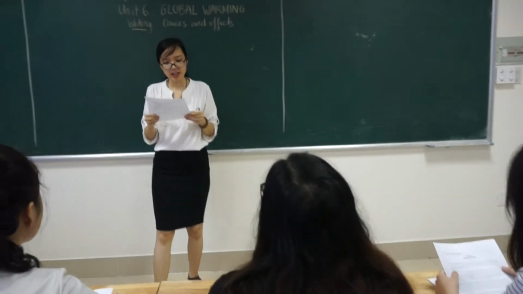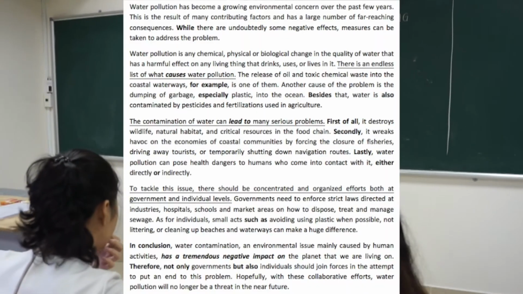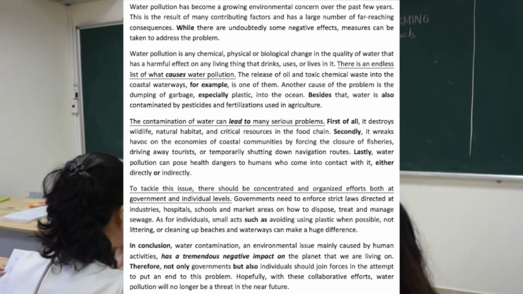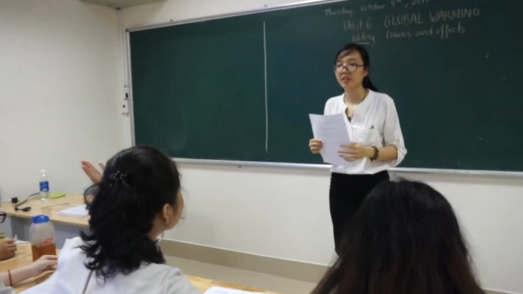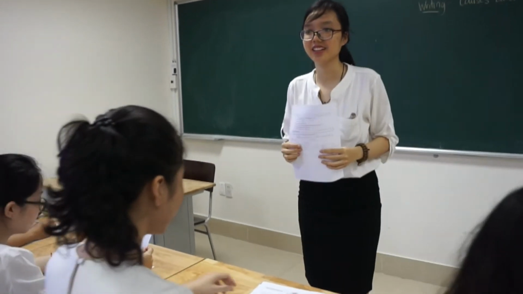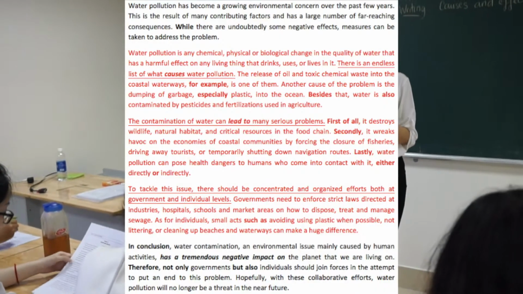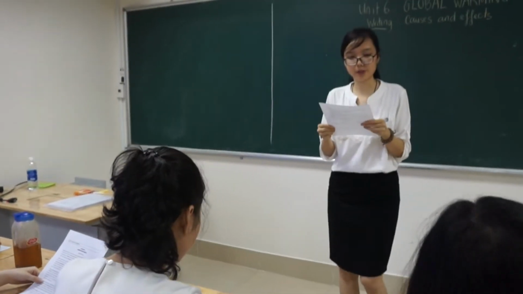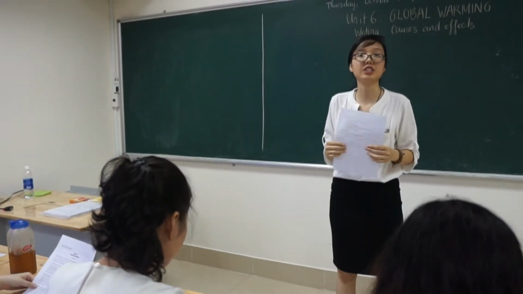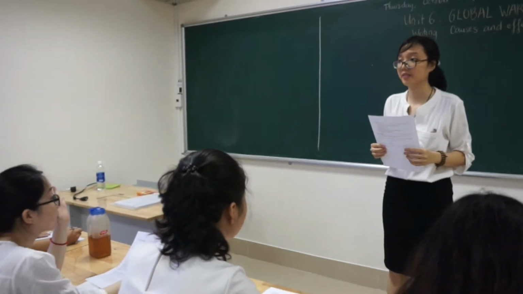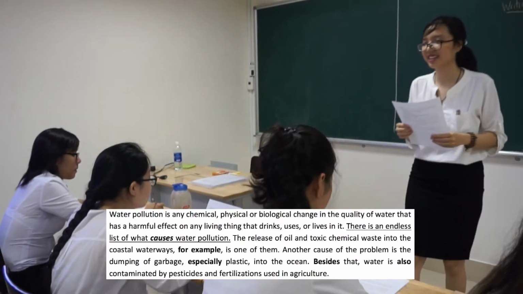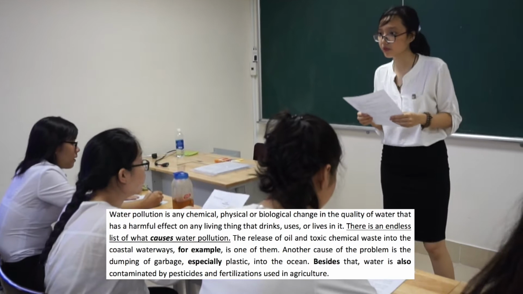Okay, so now look at the body of the text. How many paragraphs are there? There are 3 paragraphs. Yeah, 3 paragraphs. So for the first paragraph, what is the main idea of this paragraph? Quyên, please. It talks about the definition of water pollution.